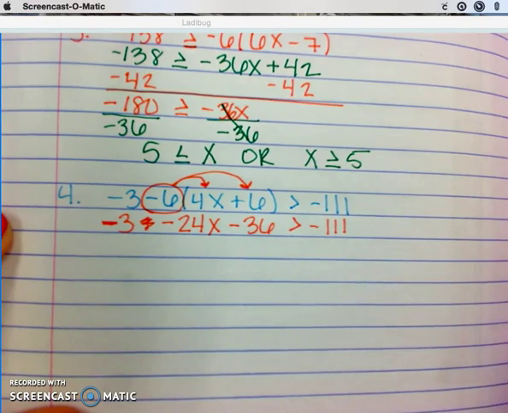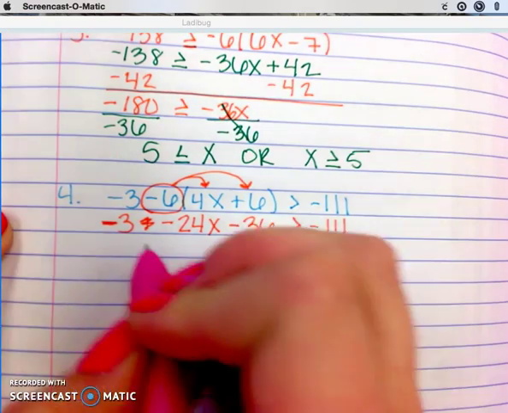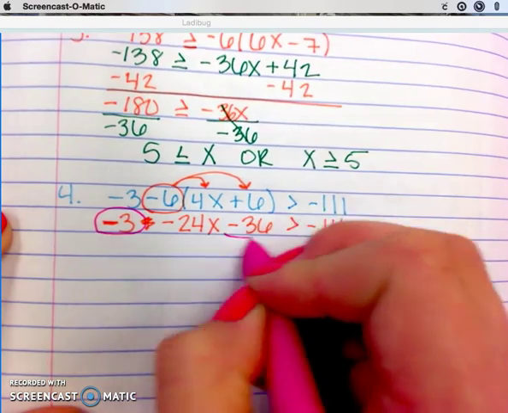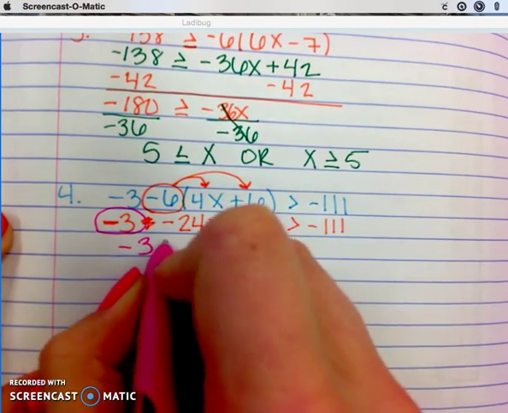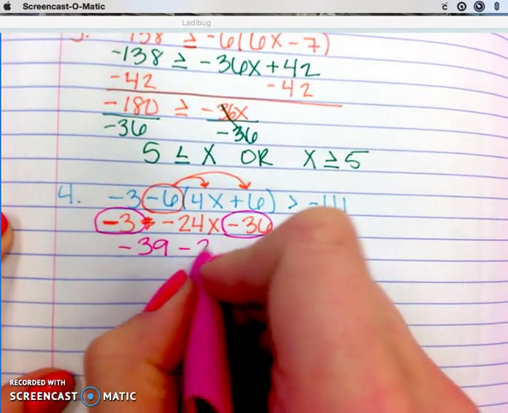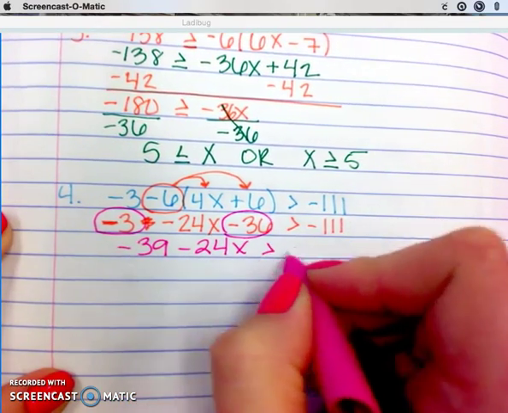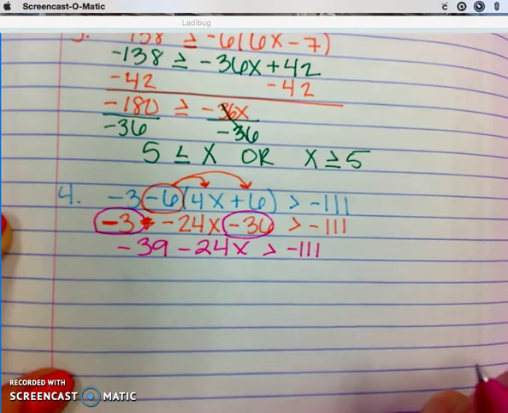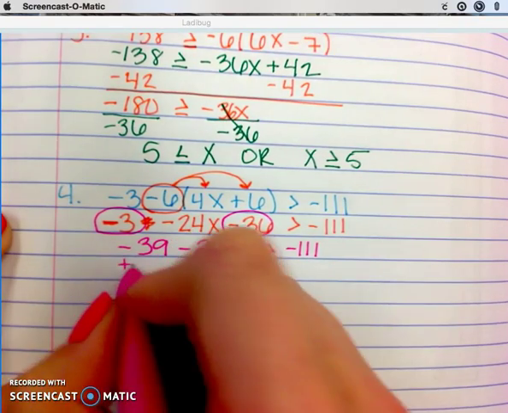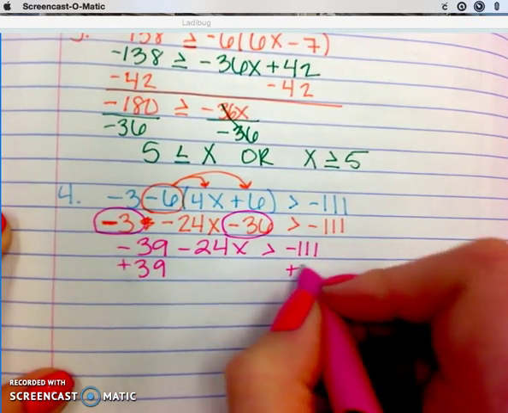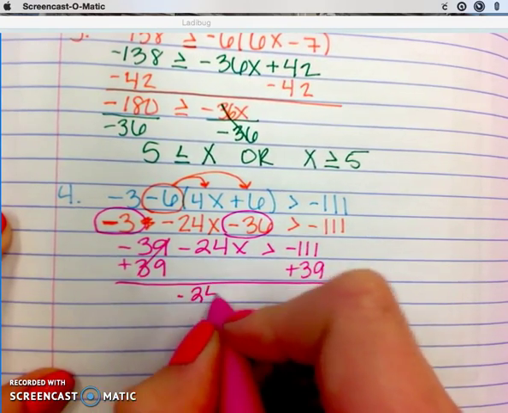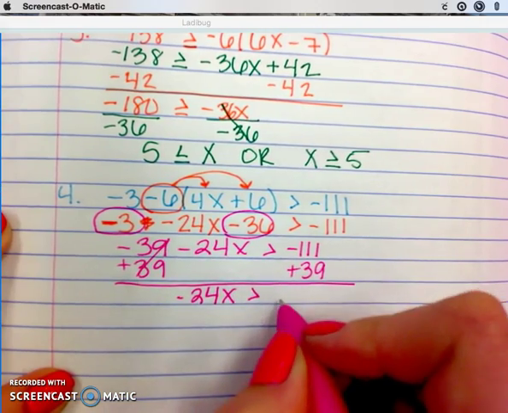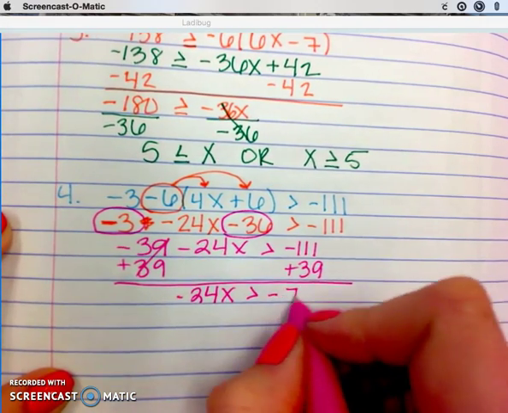Checking for like terms, I see a negative 3 and a negative 36. Add those two together, negative 39 minus 24x is greater than negative 111. I'm going to add 39 to both sides. And I'm left with negative 24x is greater than negative 72.